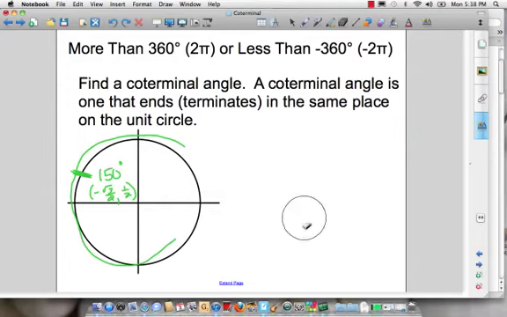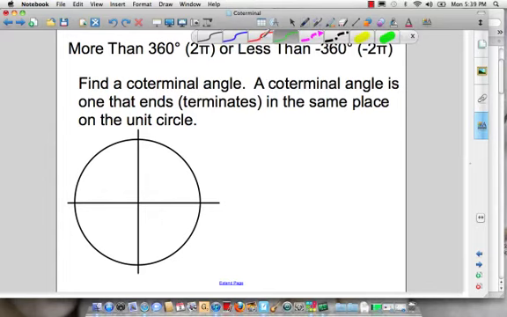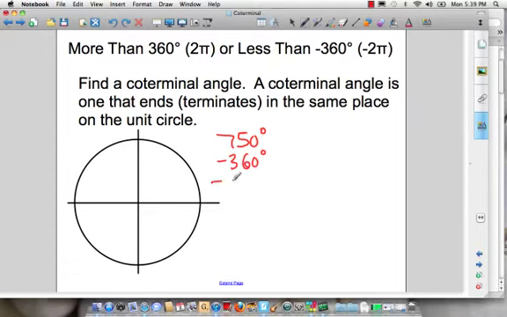Alright, so the next example, we're going to look at an angle that is even more than 2 revolutions. So the angle we're going to look at next is 750 degrees. So again, that's more than 360, so I'm going to figure out how much more by subtracting, and it's still more than 360, so I'm going to subtract 360 again. 9 minus 6 is 3.